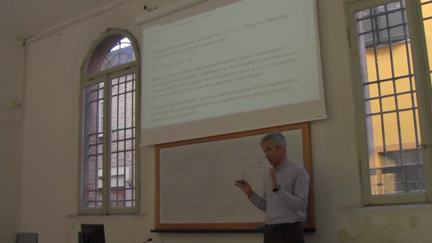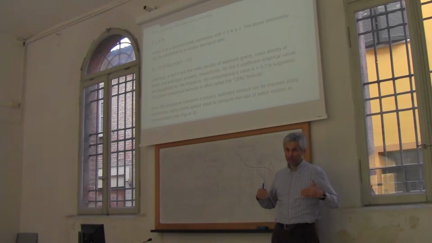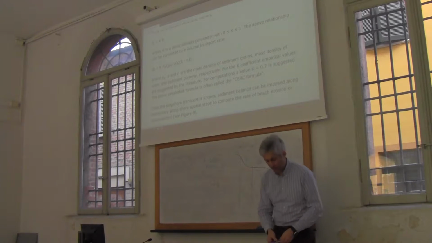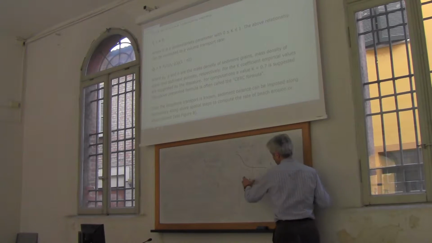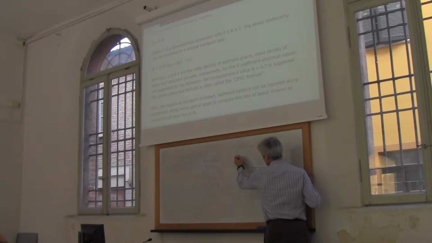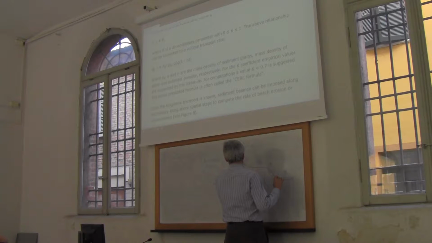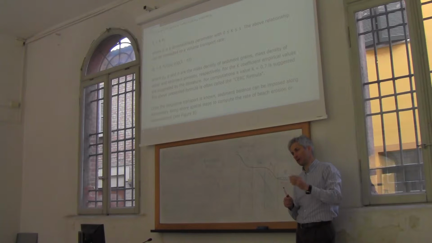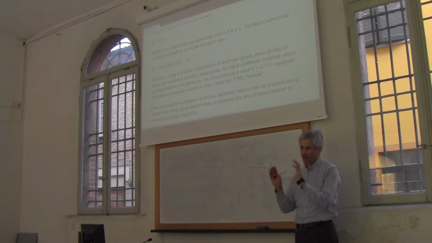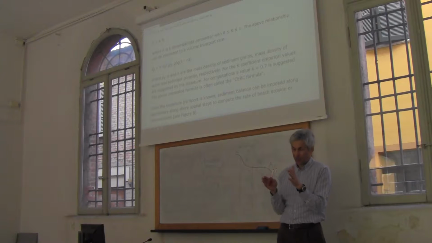So the one-line model assumes that the beach moves back and forth parallel to itself. So, in this case, if you have erosion, the beach just moves back, keeping the coastline parallel to itself. Parallel is not really a good term because parallel can only refer to straight lines, but I hope you understand.